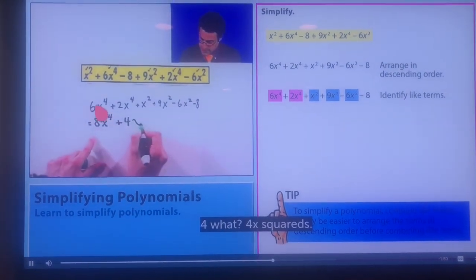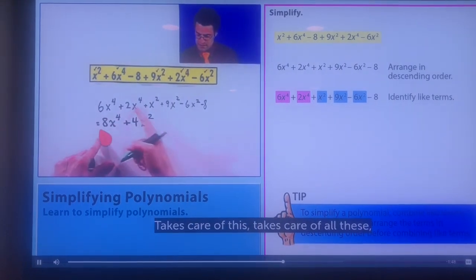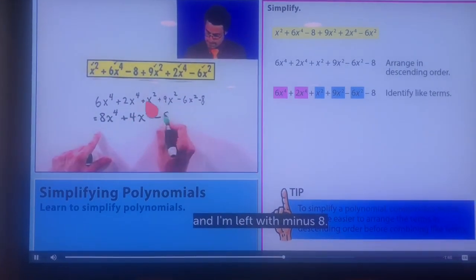So 4x squared. Okay, so 6 and 2 is 8. Takes care of all these, and I'm left with minus 8.